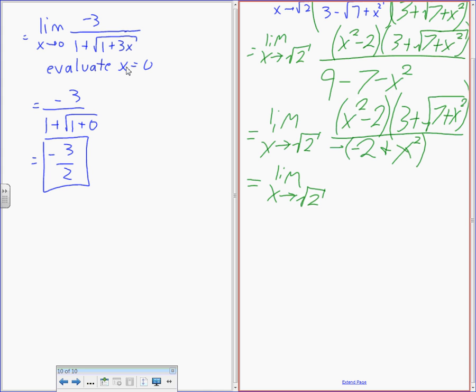So this is just switched around, but it's still x squared minus 2, so these two can cancel. So now we get the limit as x approaches root 2 of 3 plus root 7 plus x squared, all over negative 1.